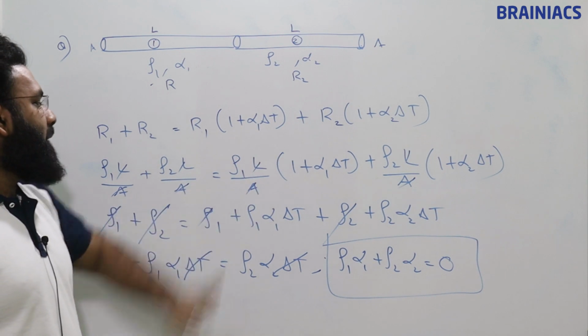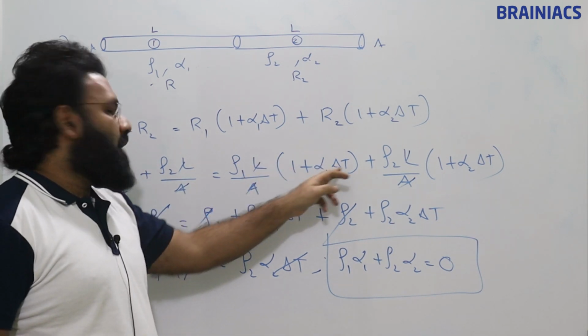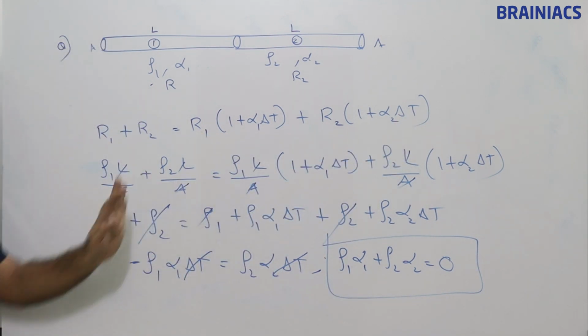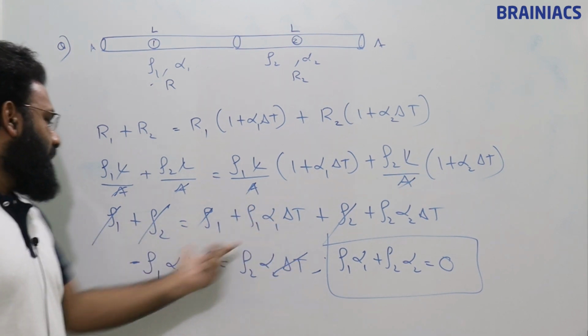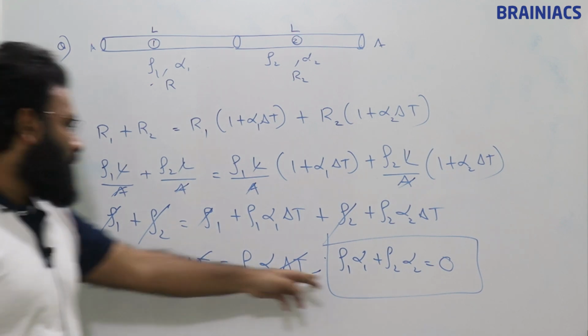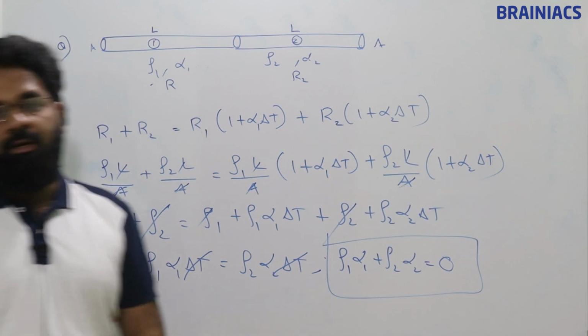This rho 1 is multiplied inside. So rho 1 plus rho 1 alpha 1 delta T, likewise we get, rho 1, rho 2 will get cancelled off. So when we bring one term to this side, delta T also will be cancelled off. So again we will get rho 1 alpha 1 plus rho 2 alpha 2, same relation we get.